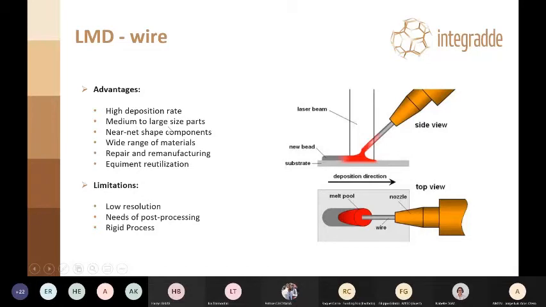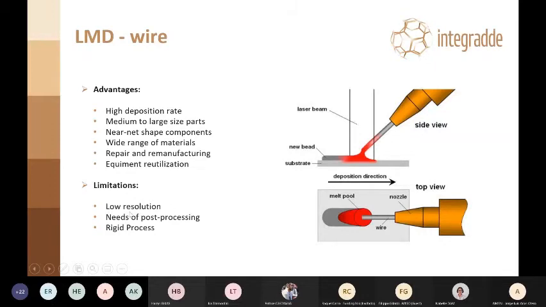We can produce medium to large size parts. We also get near net shape components with a wide range of materials, and it can also be used for repair manufacturing. And you can utilize equipment for laser welding, or for example for DED by arc welding.